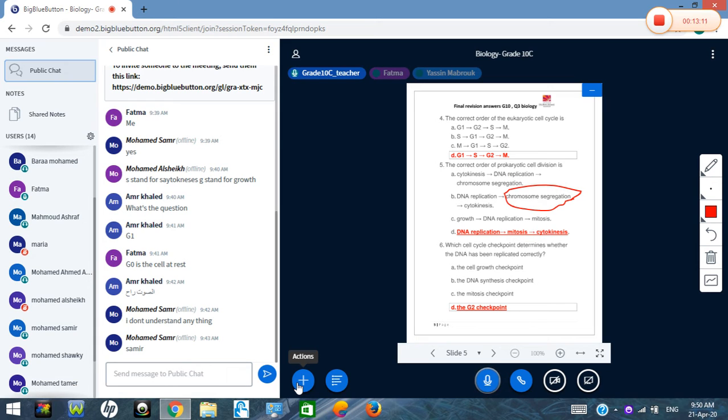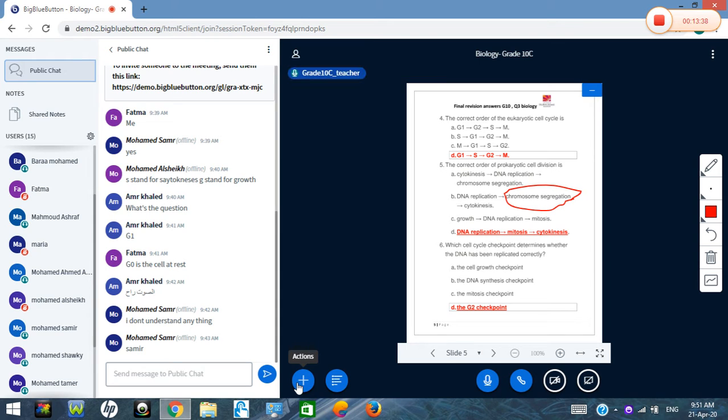I will explain mitosis division in detail. The first one, prophase. The nucleus contains the DNA in the shape of chromatin, not chromosomes. Okay? In the shape of chromatin, not chromosomes.